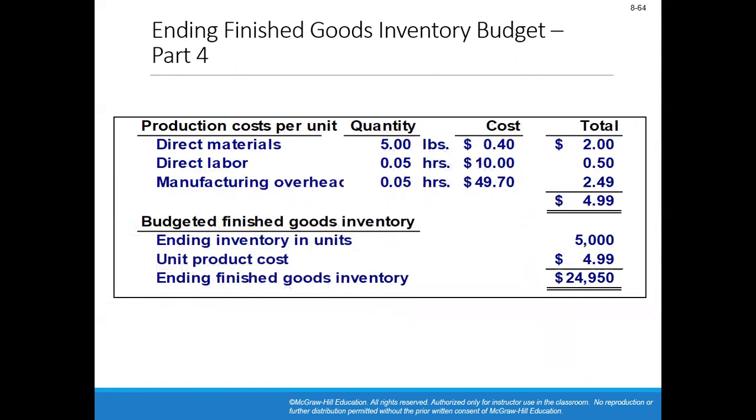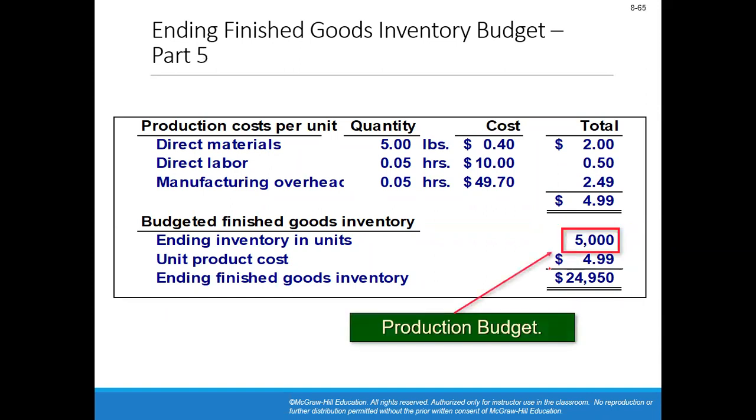You can recall that in the quarter, we have the 5,000 ending inventory, from our previous calculation of the production budget. So 5,000 ending inventory multiplied by 4.99, we have this cost for ending finished goods inventory.